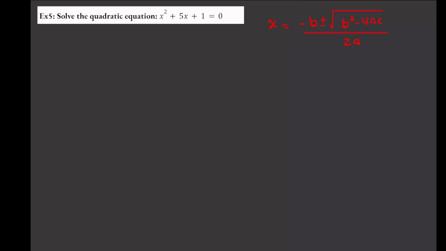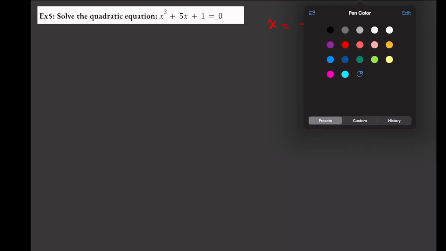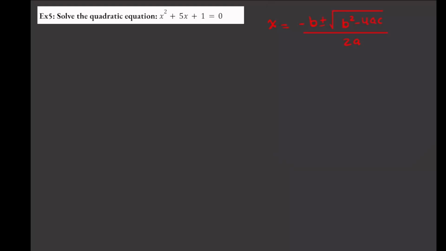And 1 and 1 cannot add together to give us the b value, which is 5. However, we can't assume that there is no x-intercept just because factoring doesn't work here. So whenever we have a function that is hard to factor, we always use the quadratic formula.